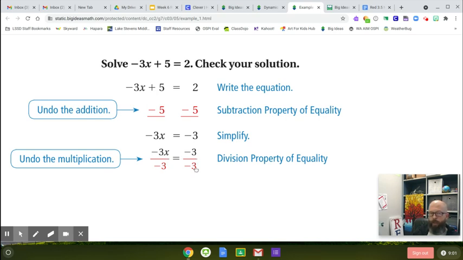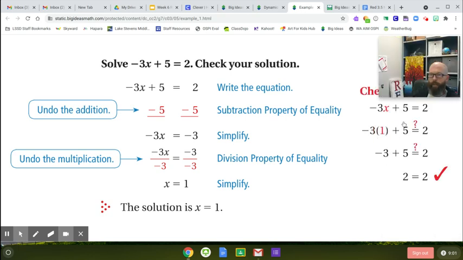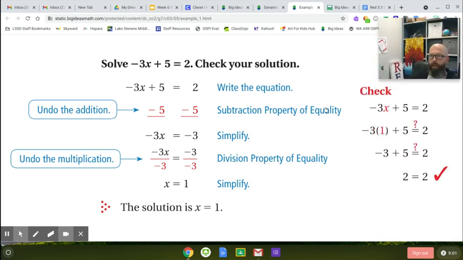And then negative 3 divided by negative 3 is 1. So therefore, x is equal to 1. Now we can check our answer by going back to our original equation and plugging 1 in for x. Negative 3 times 1 is negative 3, plus 5 is 2, so we know that that's correct.